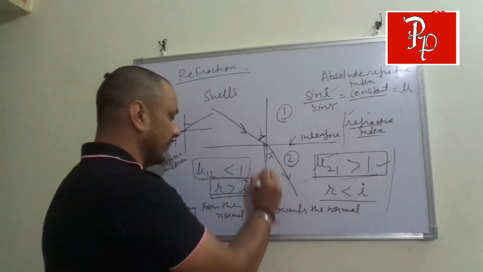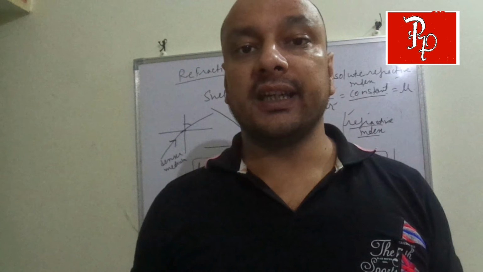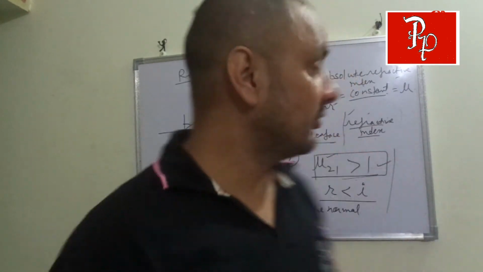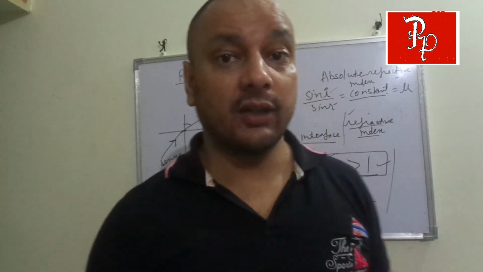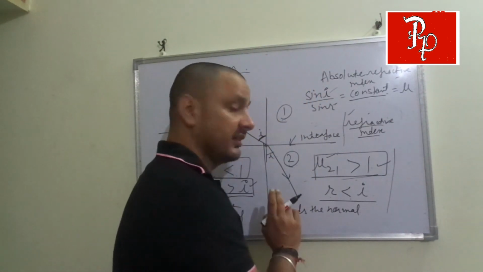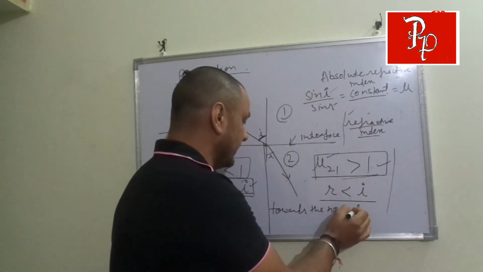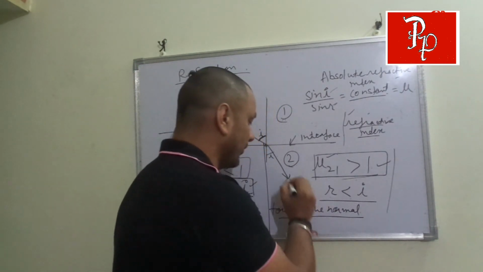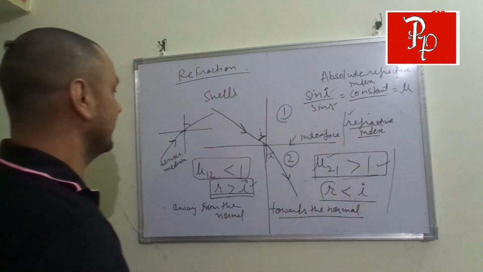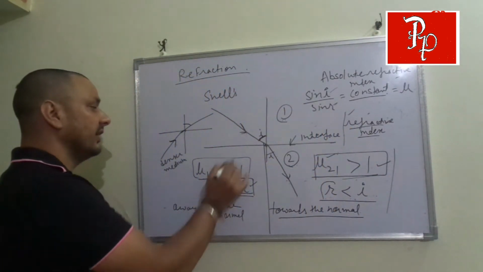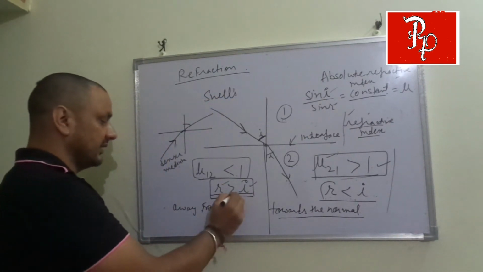From these two cases, what did we learn? When a ray comes from rare to denser medium, that is, the optically denser medium, this is the optically denser medium, students. Never confuse it with mass density. Optical density is a different aspect. So when light comes from rare to denser medium, it will bend towards the normal. It means the angle of refraction becomes smaller than the angle of incidence. And in the opposite case, when light goes from denser medium to rare medium, the angle of refraction will be greater than the angle of incidence.